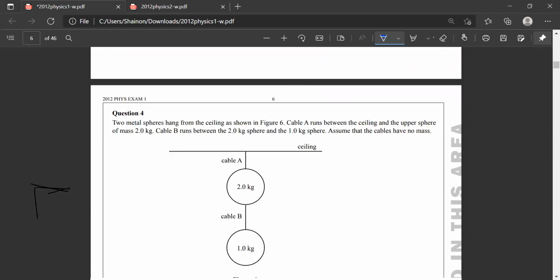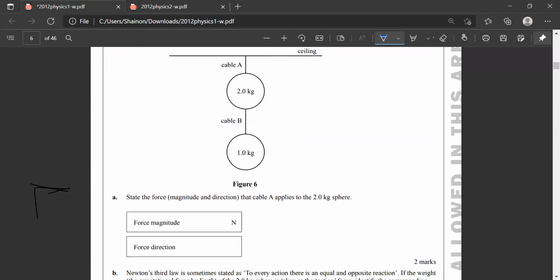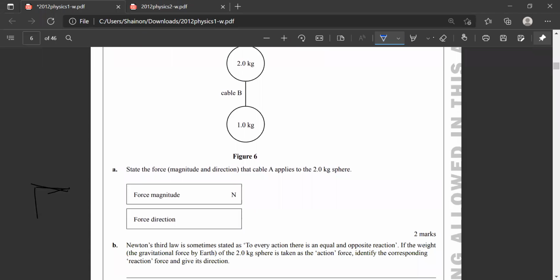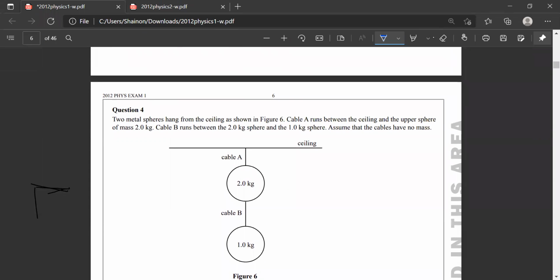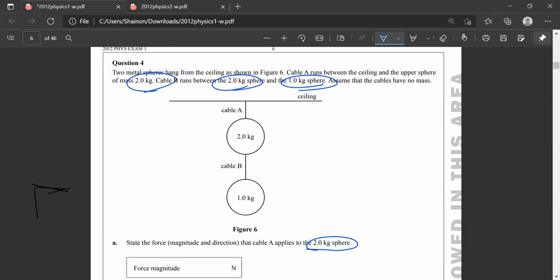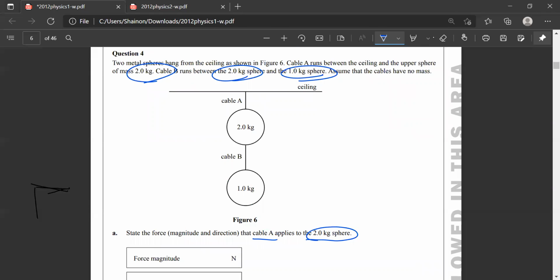And next is question number 4, state the force on the 2 kg sphere and the direction, and the 1 kg. So we're looking at cable A. This is tension. With cable A, there are 2 masses, so we make that into one system, basically.